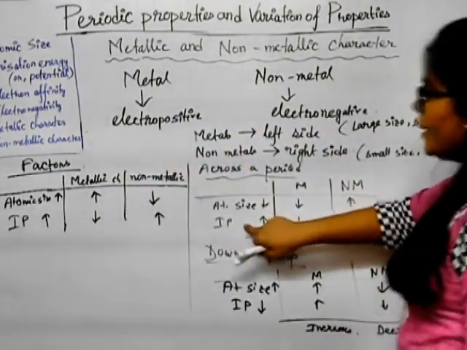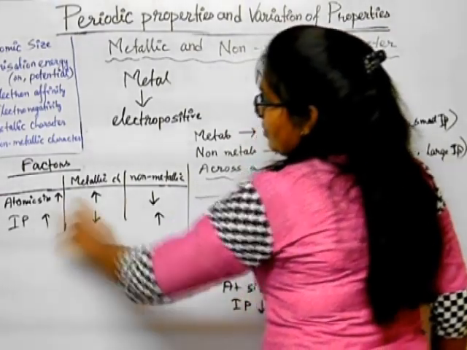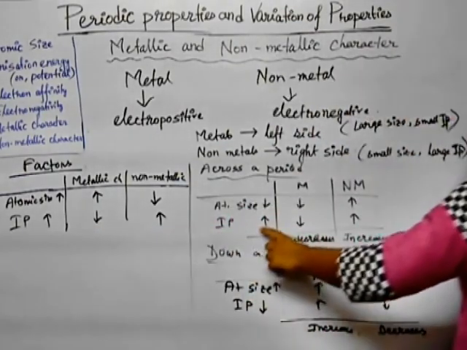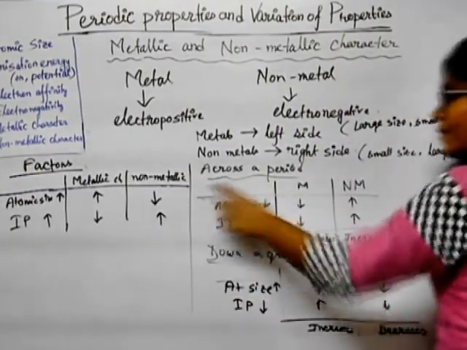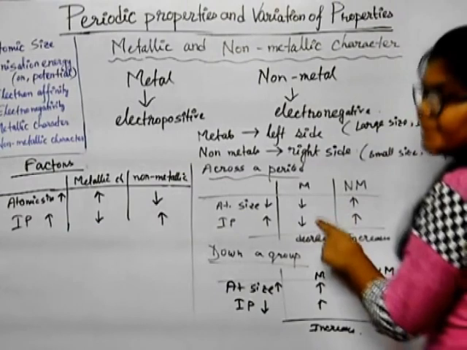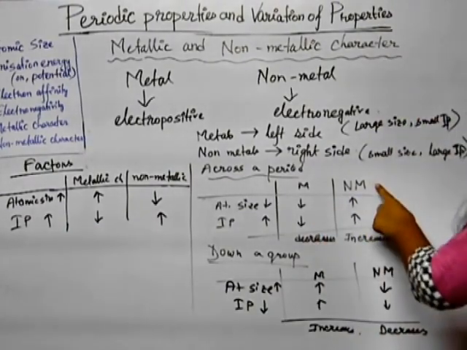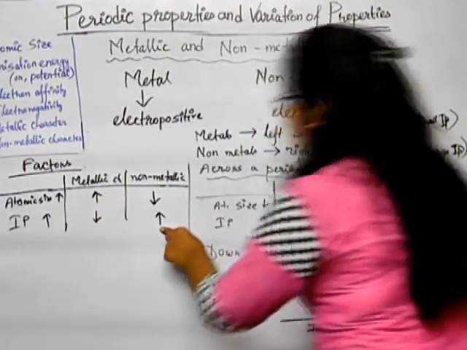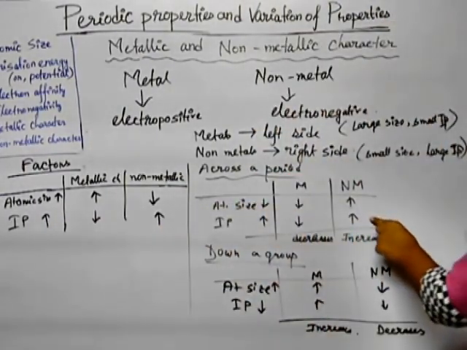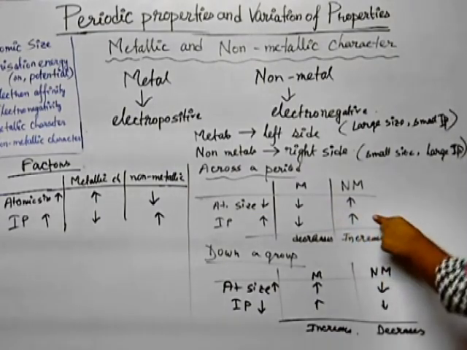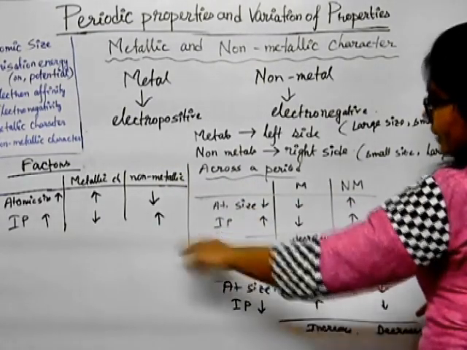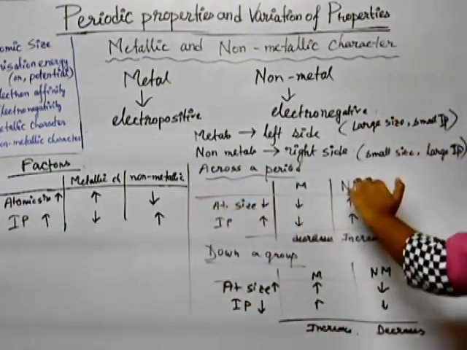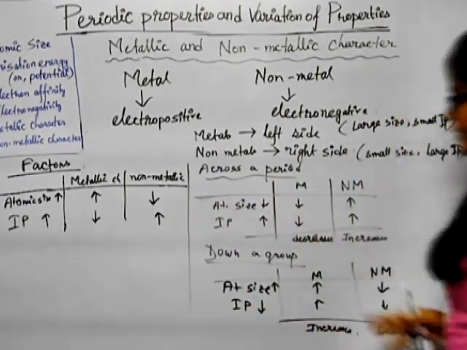In case of metallic character, IP is inversely proportional. So IP is increasing across the period from left to right, so metallic character is decreasing. And in case of non-metals, the IP is directly proportional, so as IP is increasing across a period, non-metallic character is also increasing.